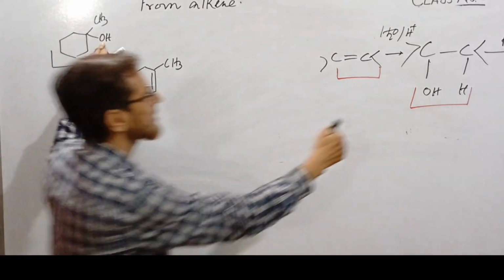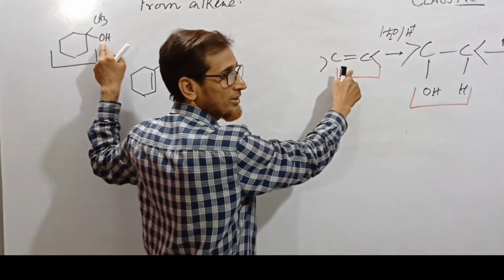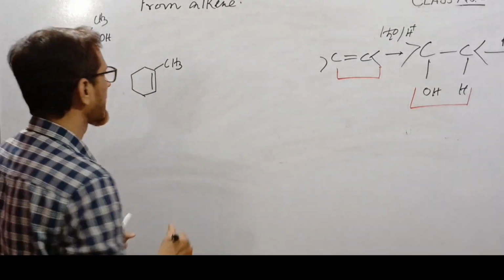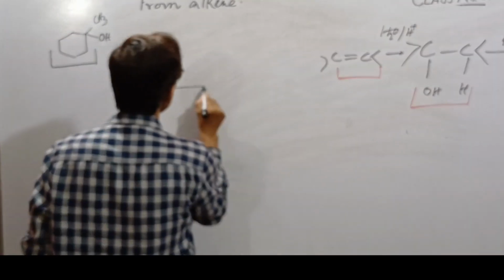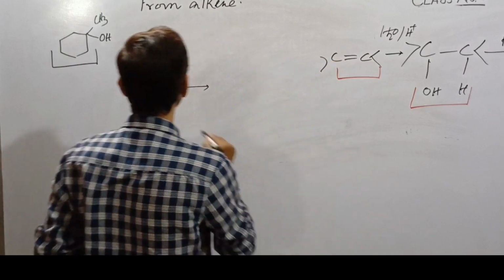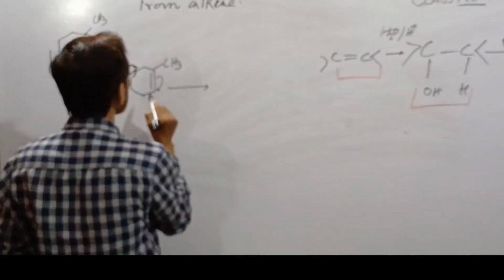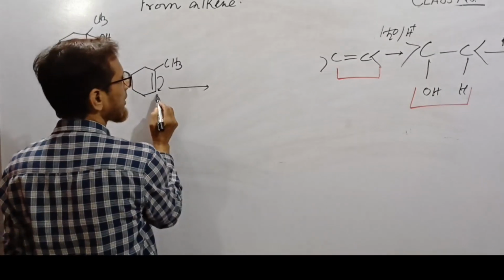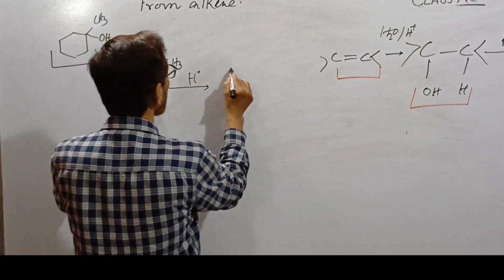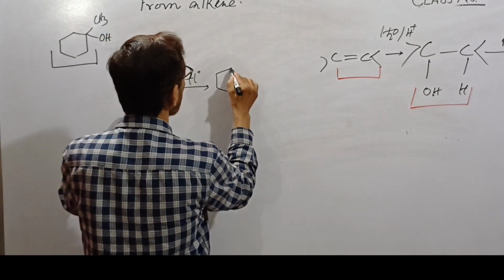OH has entered later on. Initially there was CH3, there was no OH. So initially I have chosen this compound. And now see what happens when I treat it with acid. The bond is withdrawn in this way. This will become minus. Am I right? So the H proton will get attached here.